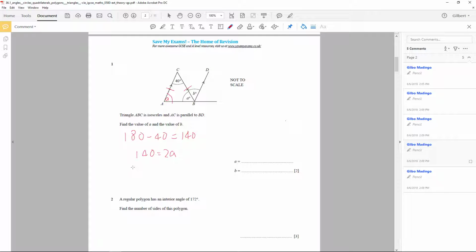So a is equals to 140 over 2, which is 70 degrees. Okay, so A is 70.